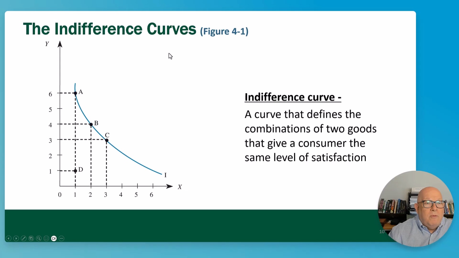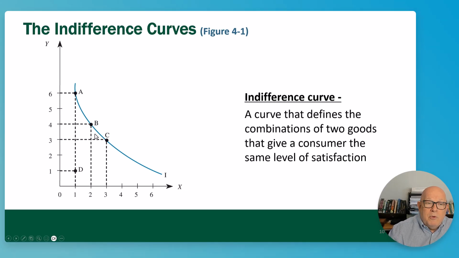So remember, an indifference curve means that for all of the bundles that are on this curve, we're indifferent between them. So here we have bundles A and B and C. We're indifferent between those three bundles. Which one we choose will depend on how much money we have to spend. All right, and we'll get to that in a minute.